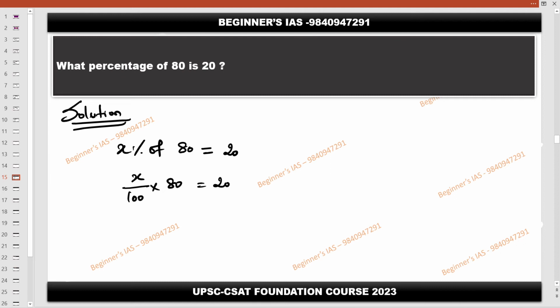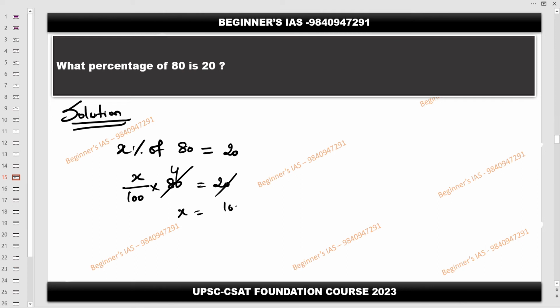So therefore we calculate it in this way. The zeros get cancelled, or else we don't have to cancel the zeros. Here 4 times, then 100 by 4.